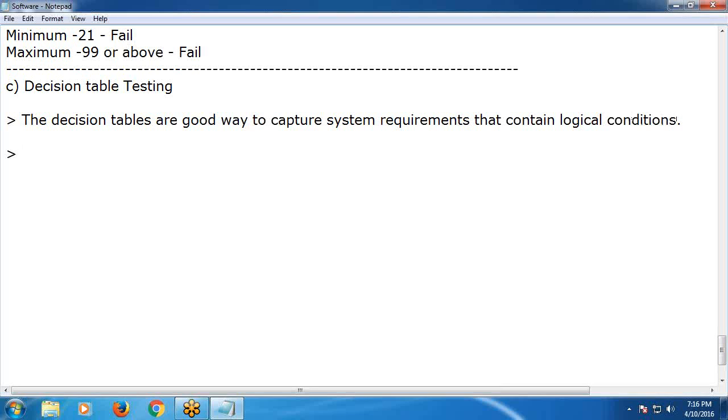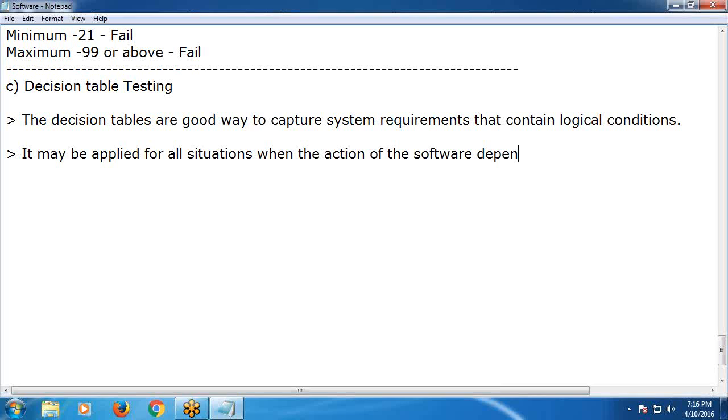Next, it may be applied for all situations when the action of the software depends on logical decisions.